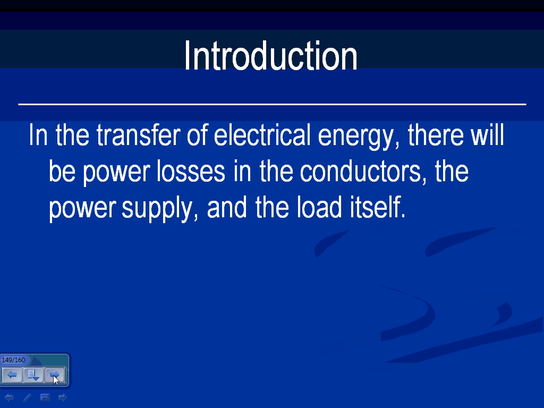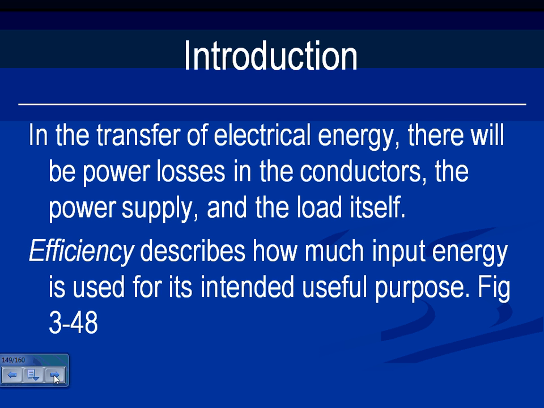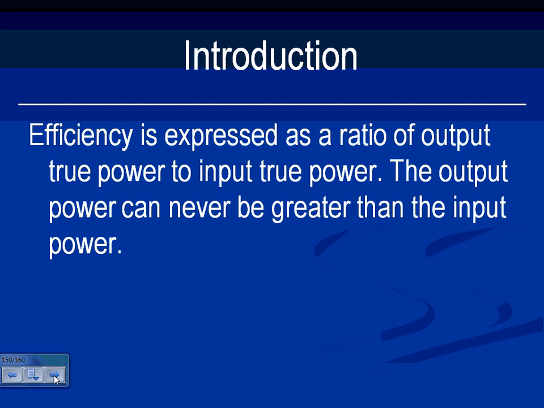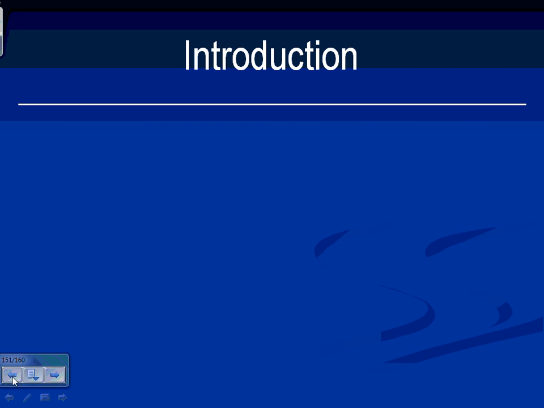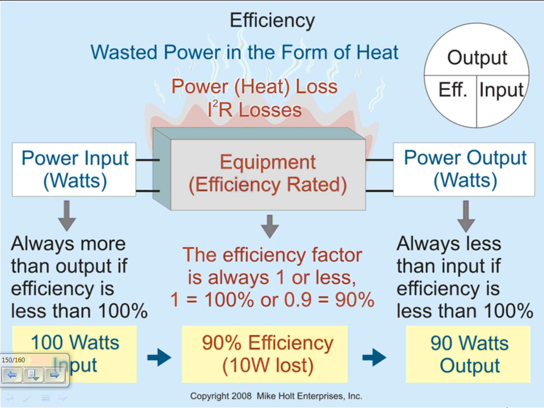Efficiency. The only place that we use watts. Power input, power output. I'm going to do a couple of calculations. I'm just going to introduce a concept here. Efficiency is one of the only places, guys, where we use watts because that's what we're going to be consuming.